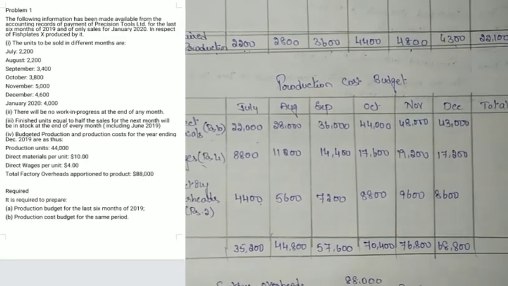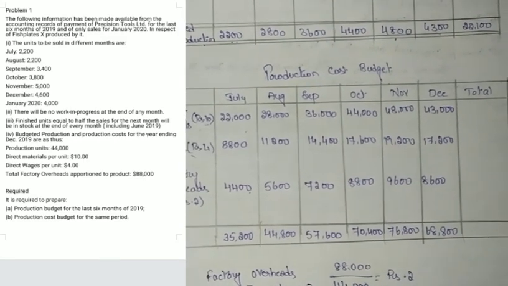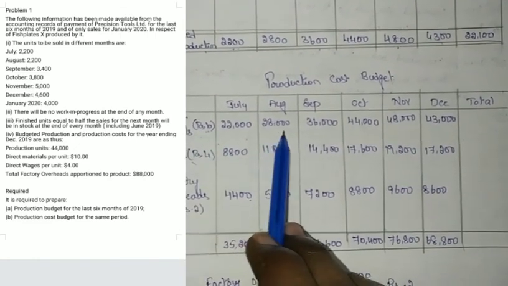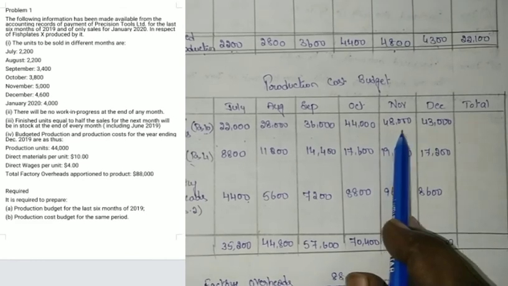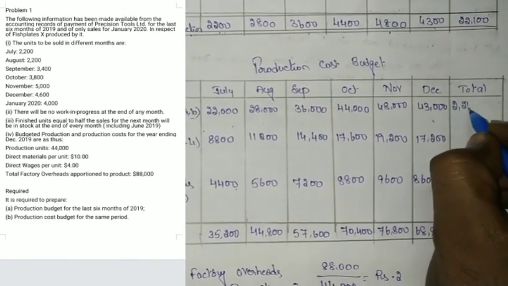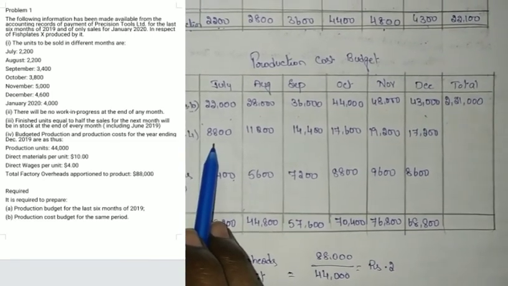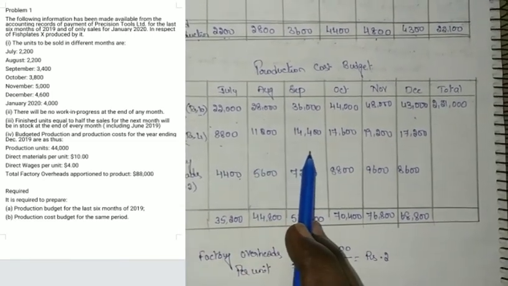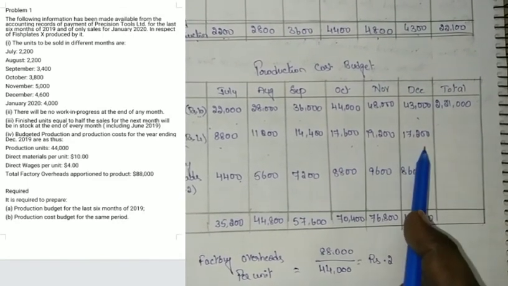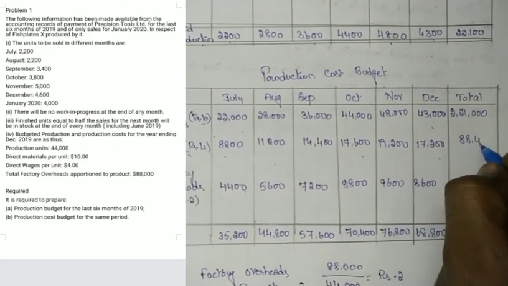So now you will go for making the total of all the amounts. That is total of direct materials, 22 plus 28 plus 36 plus 44 plus 48 plus 43,000, you will get 2,21,000. And next wages, 8,800 plus 11,200 plus 14,400 plus 17,600 plus 19,200 plus 17,200, you will get 88,400.